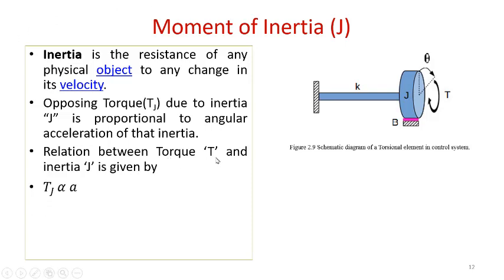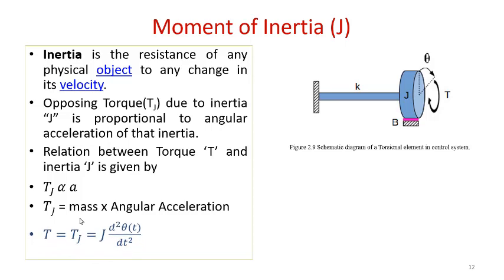So the relationship between applied torque and the restoring torque, the relationship between torque and inertia J, is given here mathematically: the opposing torque Tj is directly proportional to the angular acceleration alpha, which is equal to mass into angular acceleration, that is J into d square theta by dt square.